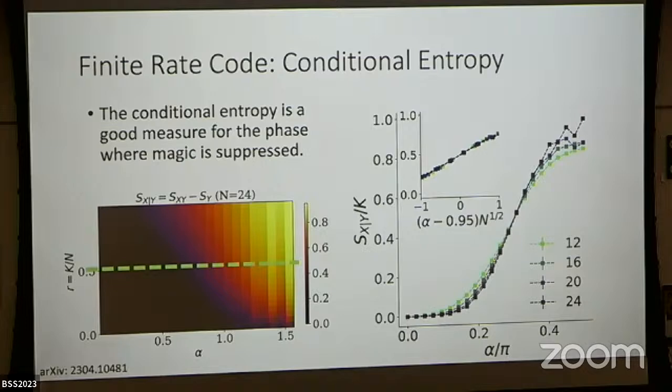It's still capturing the phase transition, so the statement is that it's a good measure in the non-magical phase, but clearly not such a good measure in the magical phase. It might just be a scaling issue that I'm forgetting. Somehow this is entropy and not magic, and if you scale it in the right way, then it would behave. But I don't want to give you an exact answer.